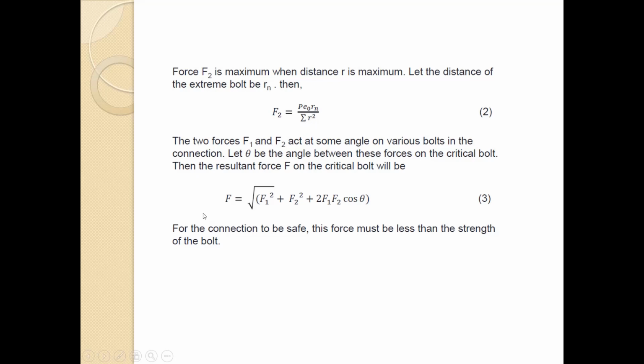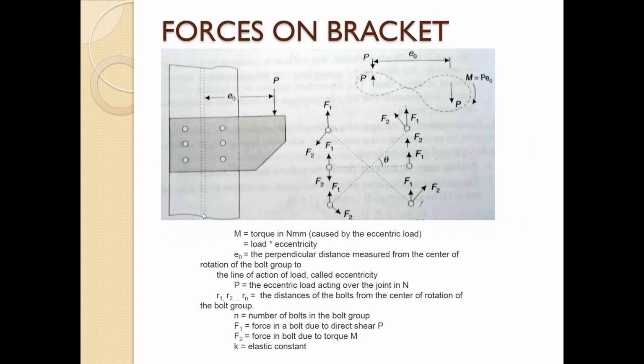The two forces F2 and F1 act at some angle in all the different rivets or bolts. As you can see over here, the F1 is acting in this direction and F2 is acting in this direction. So we need to calculate the resultant.